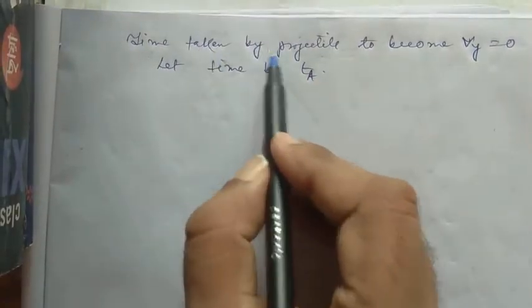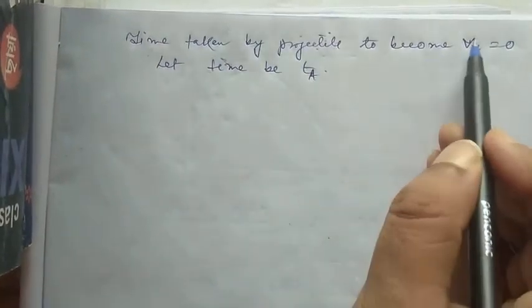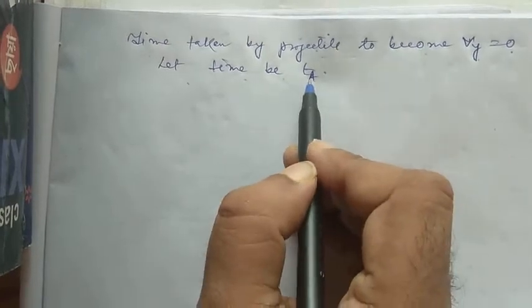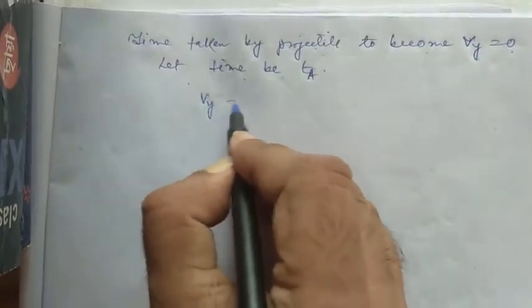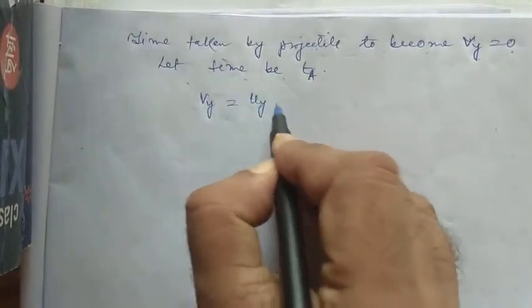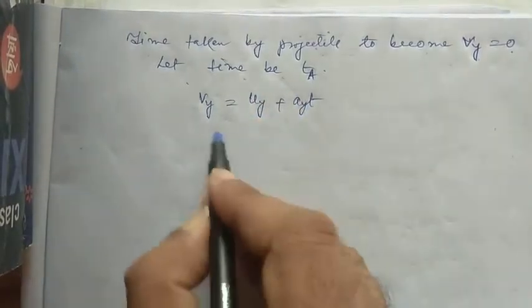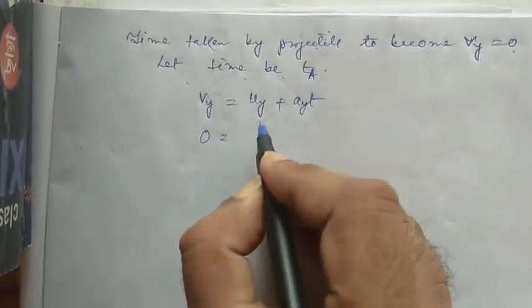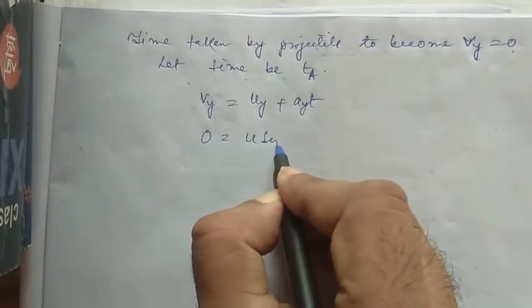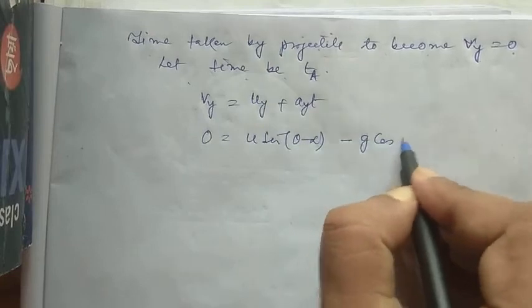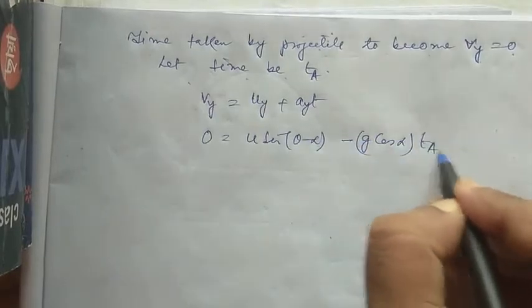Time taken by the projectile for Vy to become 0, let the time be Ta. So applying the equation Vy is equal to Uy plus Ay into T, replacing Vy as 0, Uy as u sine of theta minus alpha, and the acceleration in the y direction as minus g cos alpha, we get 0 equals u sine of theta minus alpha minus g cos alpha into Ta.